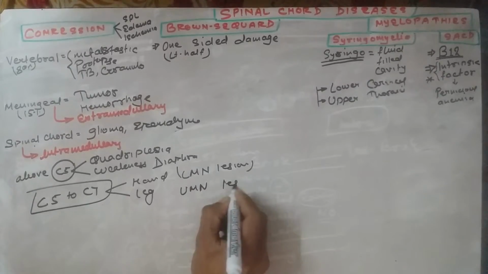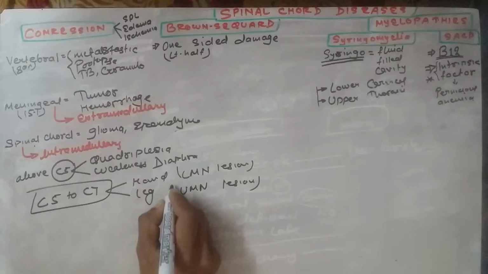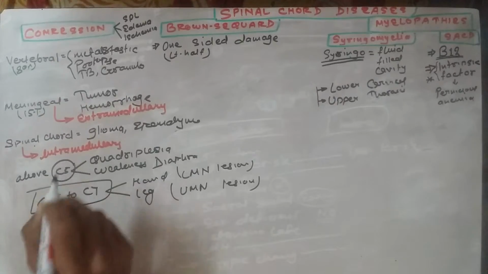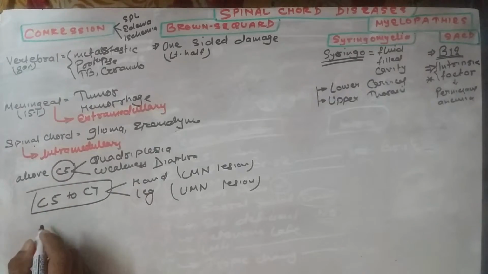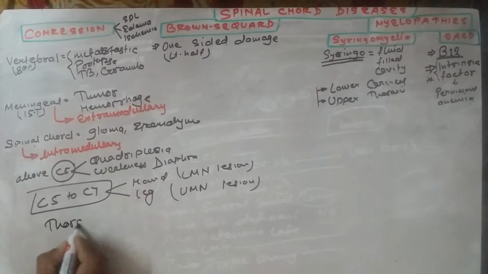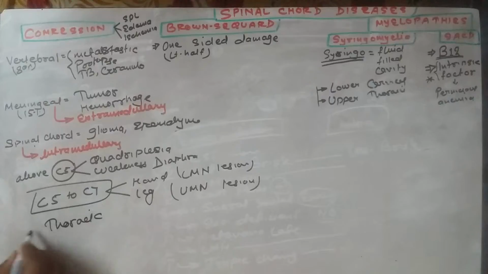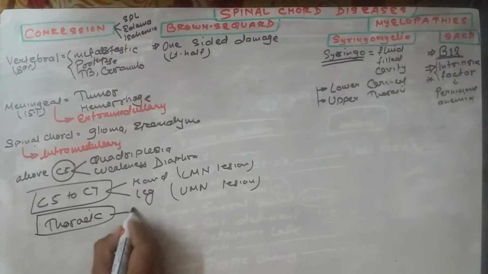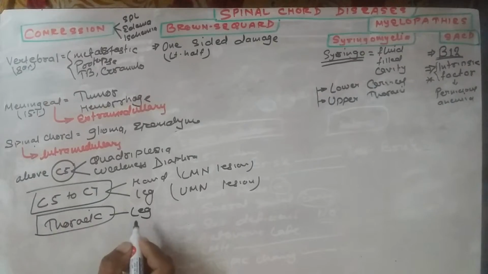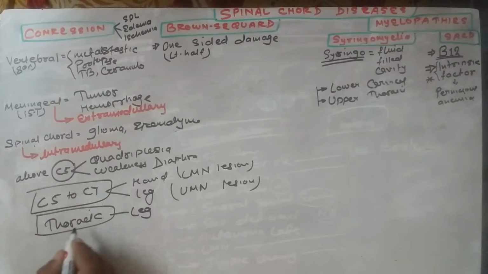As we know, the presentation of upper and lower motor lesions has already been discussed. Then if it is of the thoracic region, it usually affects the leg, meaning there will be loss of sensation as well as weakness of the leg, and there will be leg pain also.